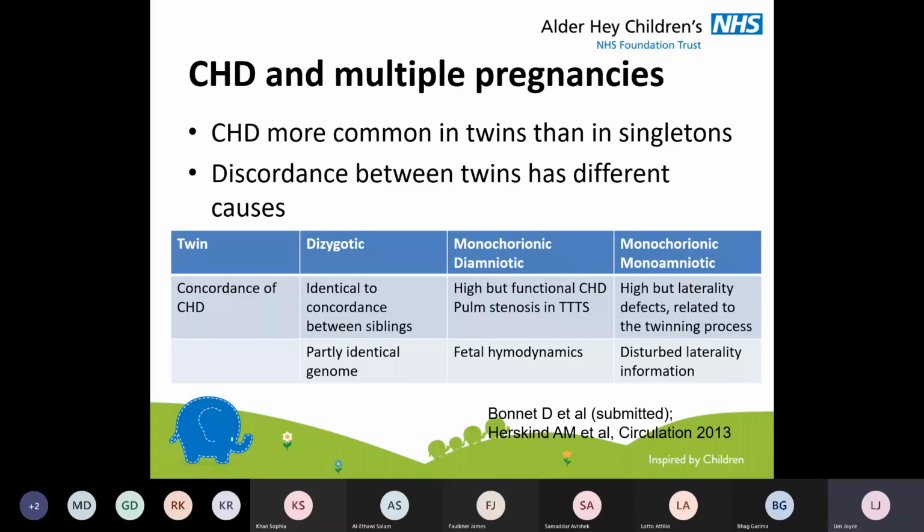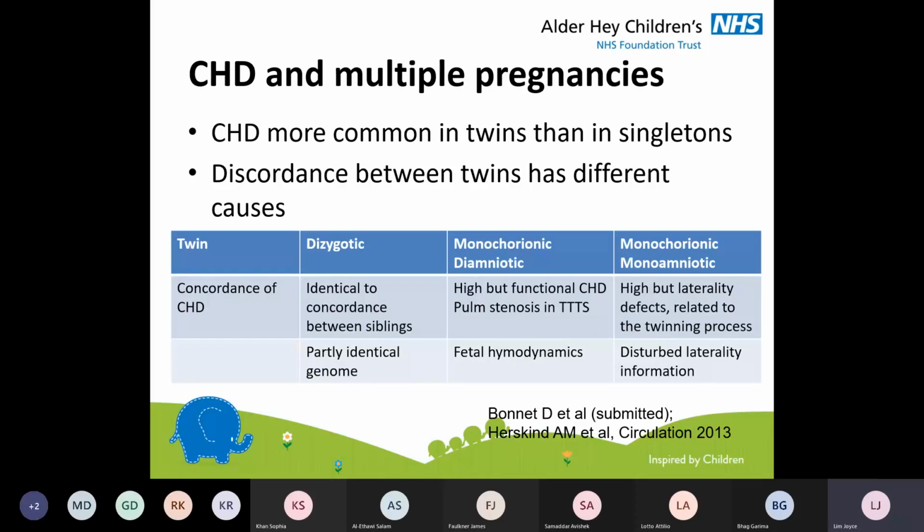So what about in twins? Congenital heart disease is actually more common in twins than in singletons. I'm not sure whether any of you have been party to some of the twins that we have seen over the years, where one twin may have a hypoplastic arch, the other one may have an interrupted arch, or one may have a tetralogy and the other one has a tetralogy pulmonary atresia sort of picture.